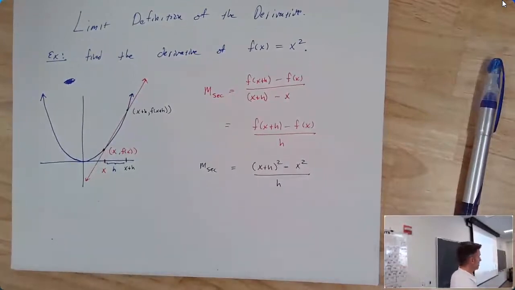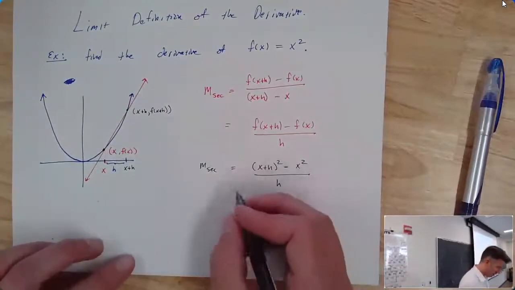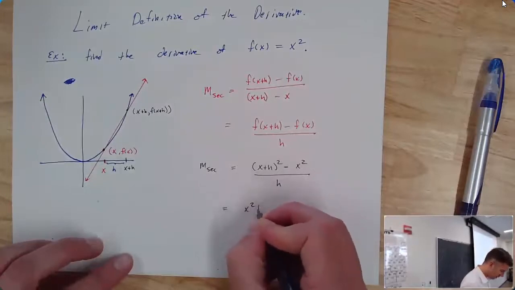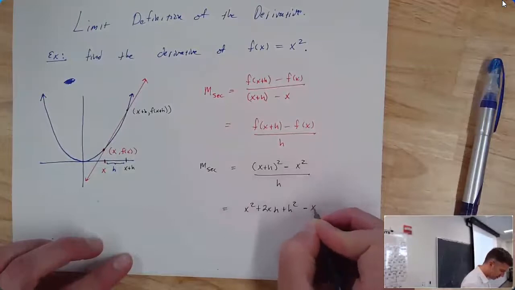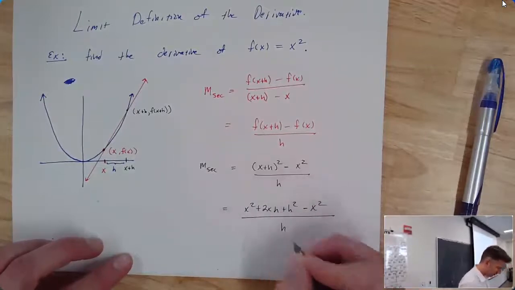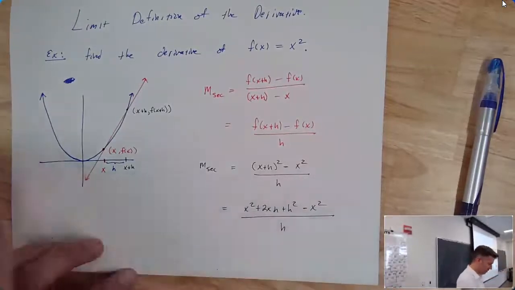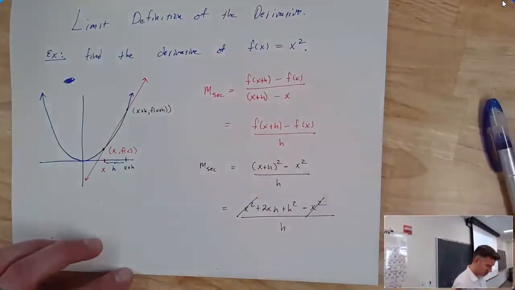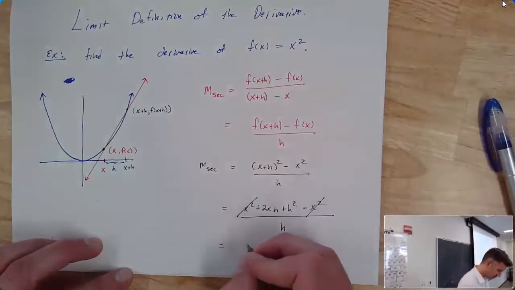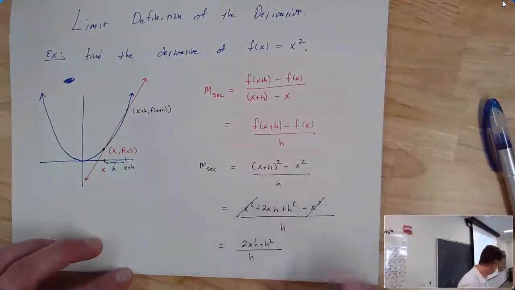And we can simplify this. Multiplying out x plus h squared, we're going to get x squared plus 2xh plus h squared minus x squared all over h. We can cancel some stuff. X squared minus x squared is 0. We're left with 2xh plus h squared divided by h.